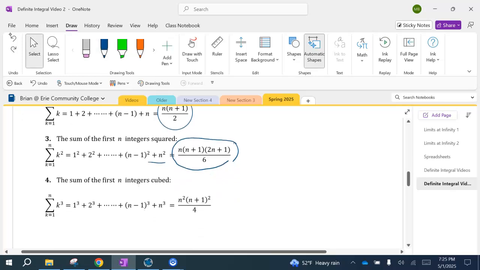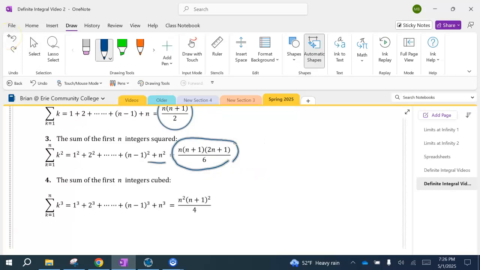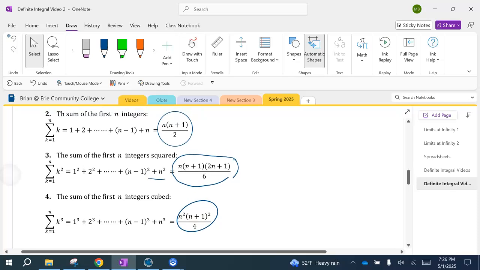If you add up the sum of the first n integers cubed, 1 cubed plus 2 cubed plus 3 cubed plus 4 cubed, etc., up to however many you want to add together, then we get another closed-form expression, n squared times n plus 1 squared divided by 4, which notice happens to be the square of the second formula listed here.